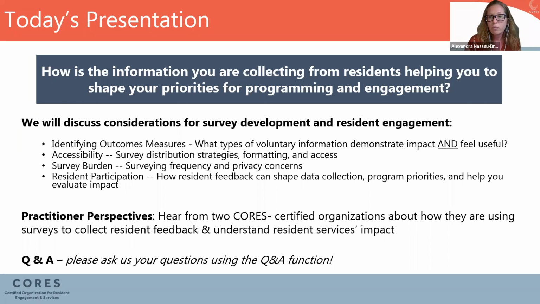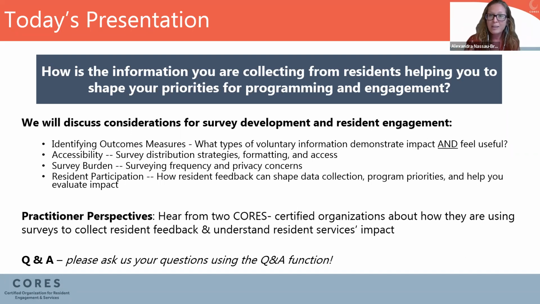Thinking about what types of information can help both to demonstrate impact and feels really practically useful to you in your work. Some considerations about accessibility, how you distribute surveys electronically, in person, paper format, the frequency. We're going to touch very lightly on privacy concerns. That's a whole other topic unto itself, of course. Questions around survey burden. What are we asking of residents?